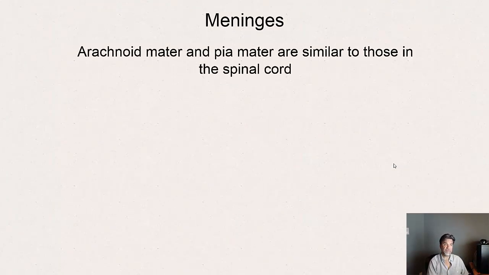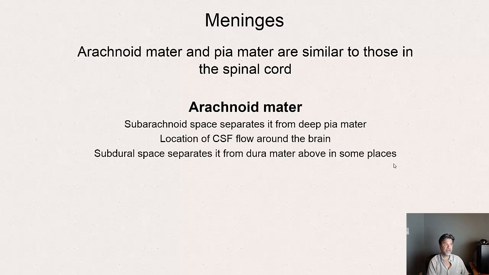So the arachnoid and pia mater are just like they are in the spinal cord. The arachnoid mater has the subarachnoid space where all the cerebrospinal fluid flows, and you have a space between it and the dura that lies above it called the subdural space. And this can be a space of very important occurrences called subdural hematomas, right?